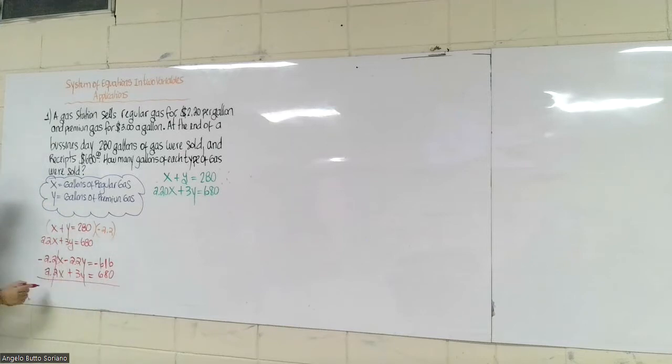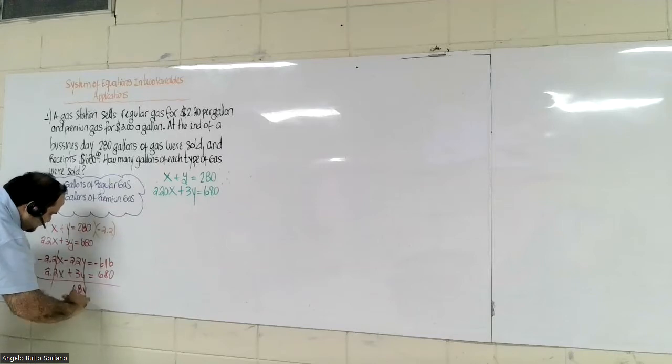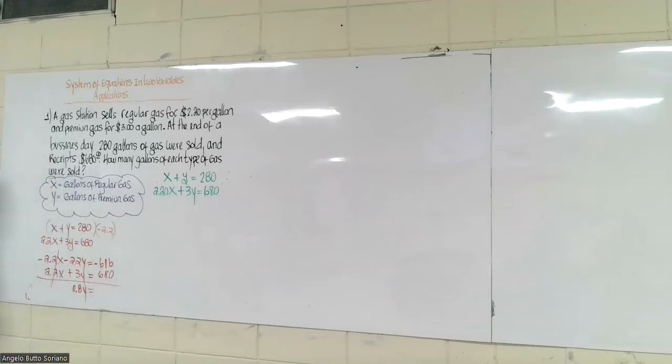We can cancel x with x. 3 minus 2.2 will be 0.8.